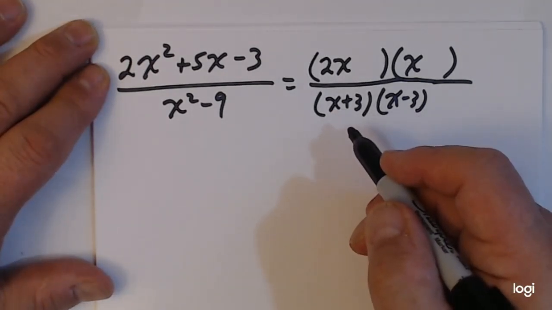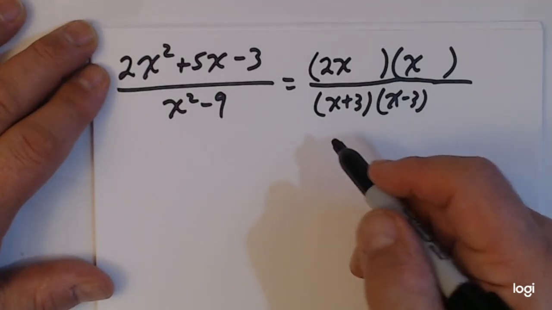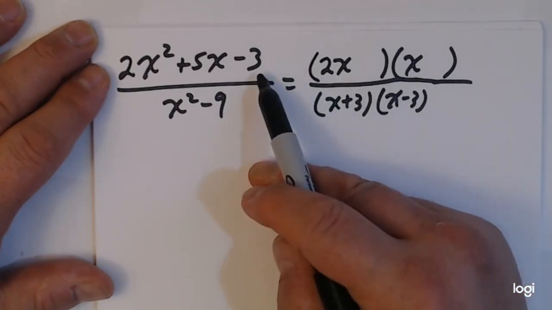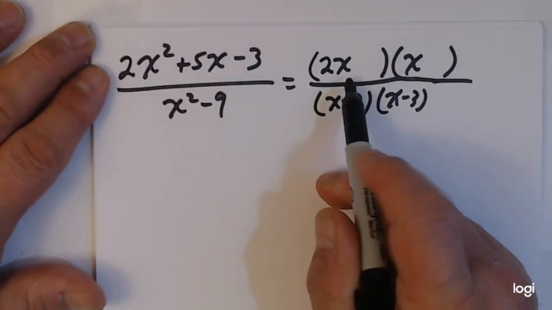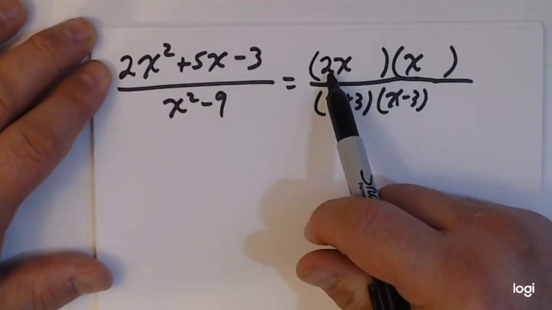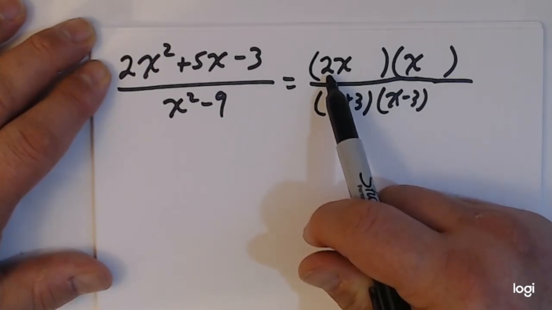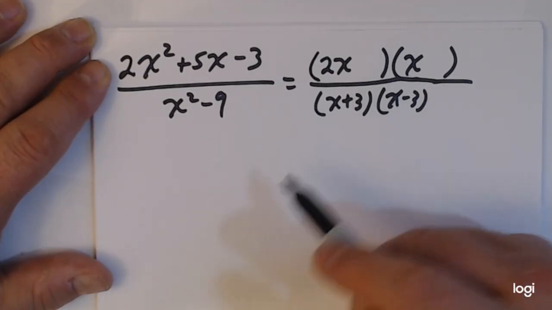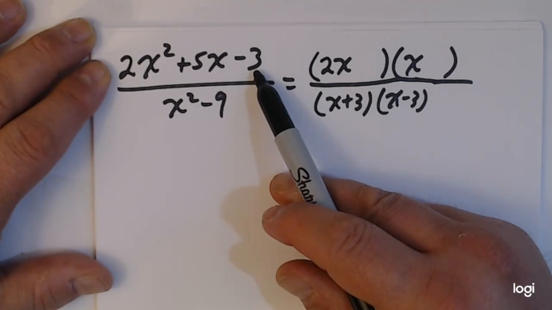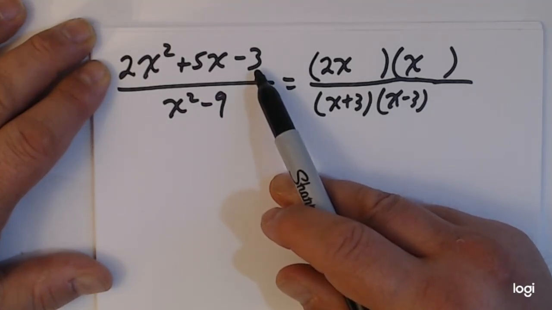We need two numbers. When they're multiplied, they give us negative 3. And when they're summed, they give us 5. But it's not quite as easy here because we have a leading coefficient in this one of 2. So it's also obvious that we need to use 3 and 1. So the question is, which goes where?